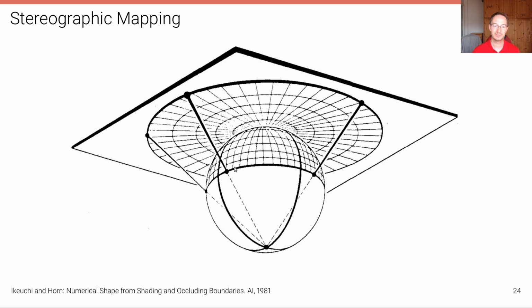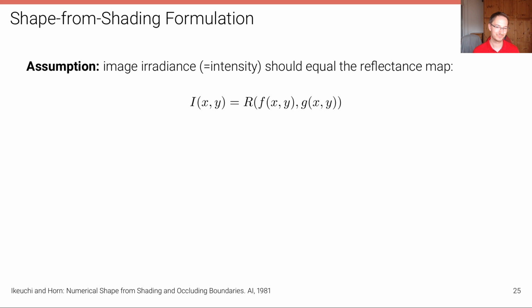This circle would have a radius of 1 if we orthographically projected it onto that plane, but we do a perspective projection, and so this circle has a radius of 2. But now, in contrast to before, it is bounded, so it's much better behaved, and that's the representation that we're going to work with.